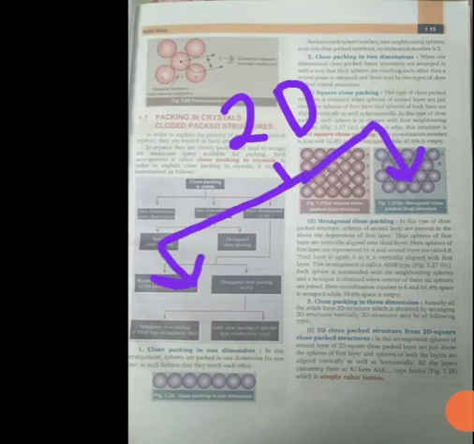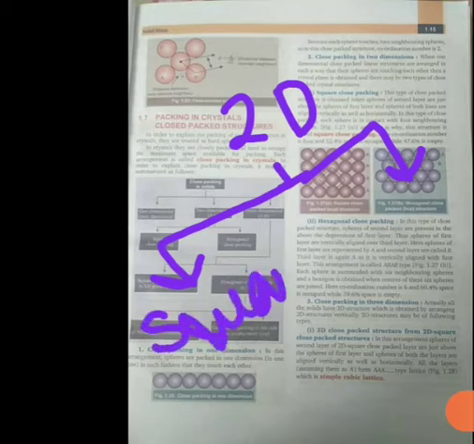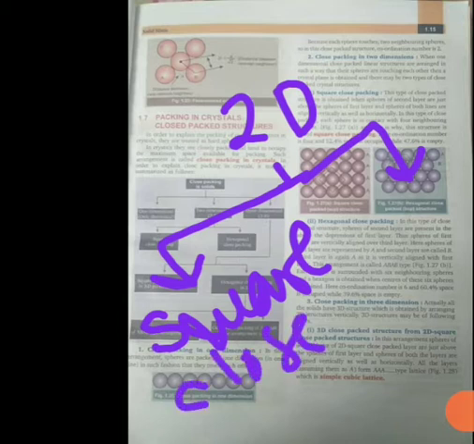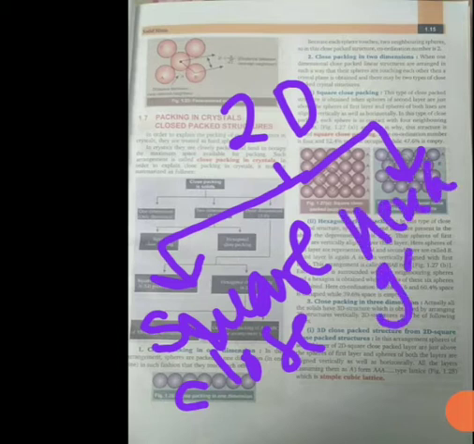The very first is called square close packing, and the second one is called hexagonal close packing.